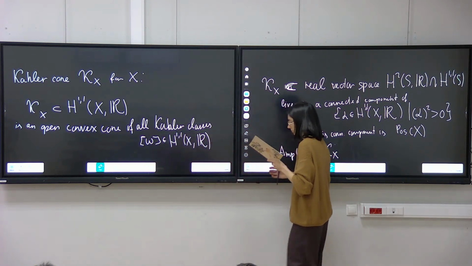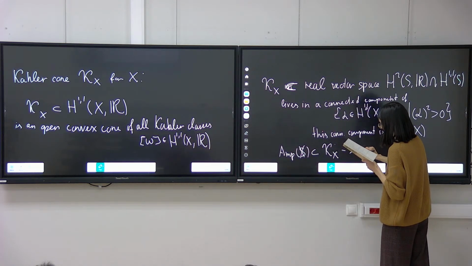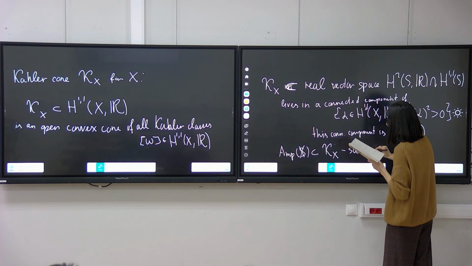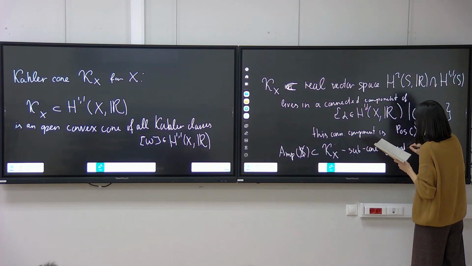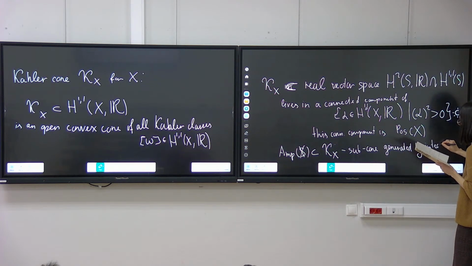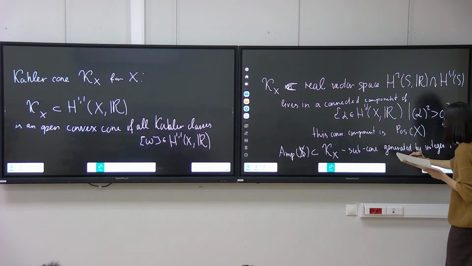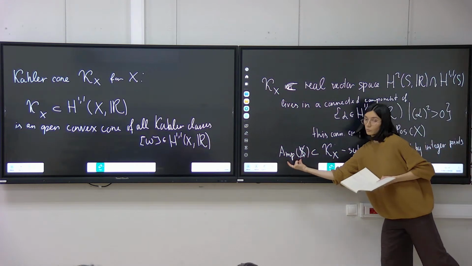So this is a subcone generated by integer points of the Kähler cone.